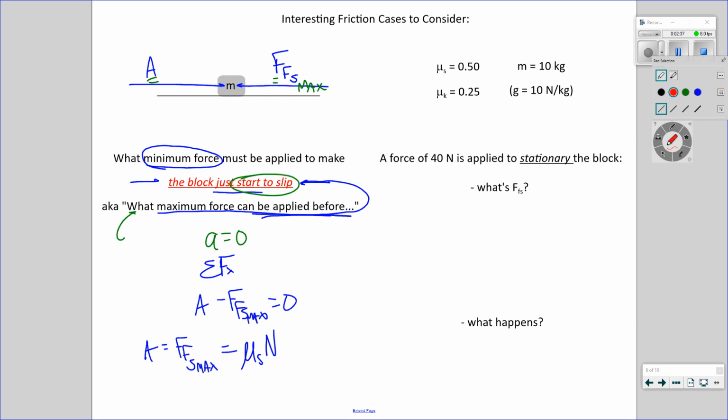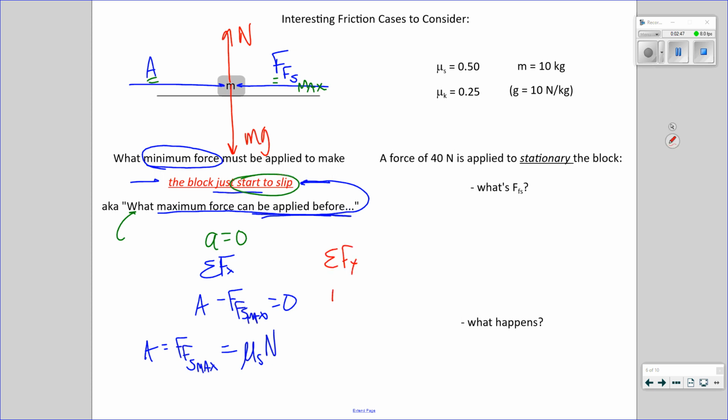Well, to complete our free body diagram, how big is the normal force? If we do a net Fy, we can say that the normal minus mg is 0, so therefore normal equals mg, because Ay is 0. So that means we can say that the friction force is mu static mg.